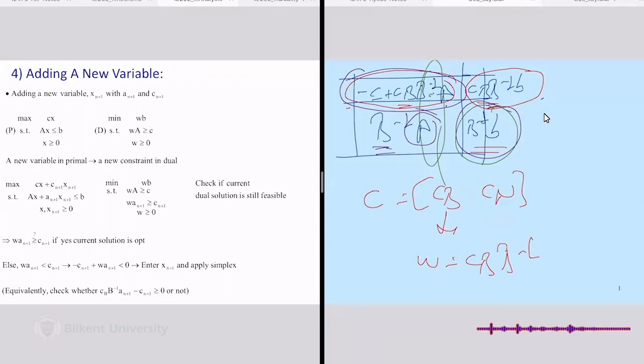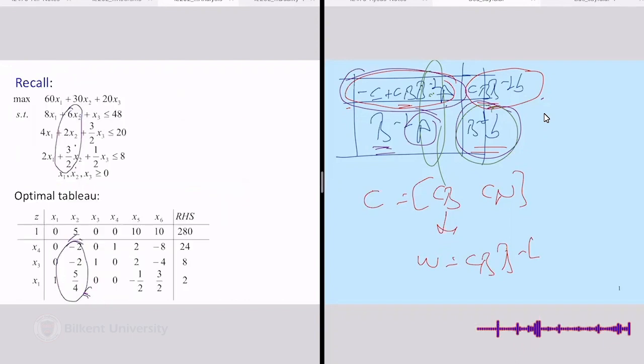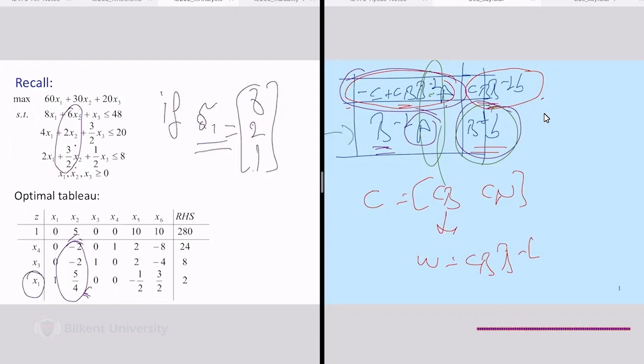I didn't change C1 tilde. You have to first update B inverse. You have to find the B inverse with respect to this B, then reconstruct the table everywhere, and then see what happens. All right? It's a mess.